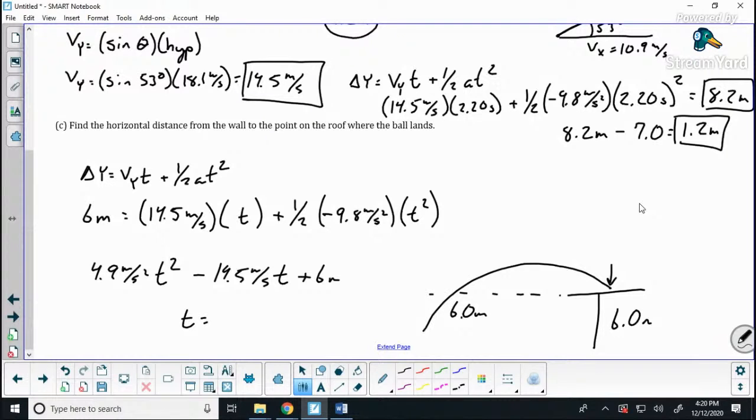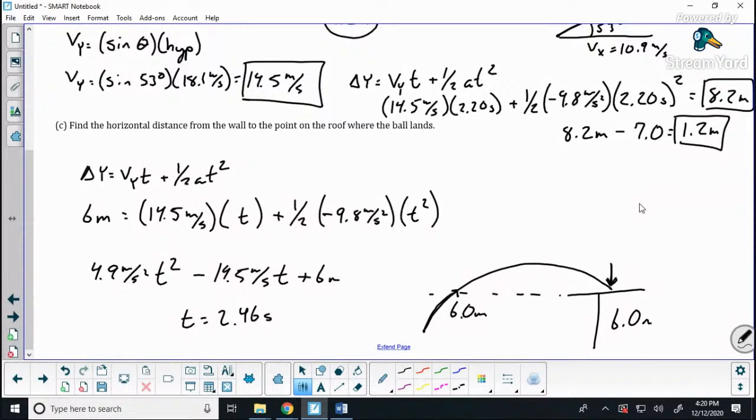And when you look at those two values of time, the larger value, which is 2.46 seconds, is going to be when it reaches 6 meters of height for the second time. The smaller value will be the time when it reaches 6 meters on the way up.